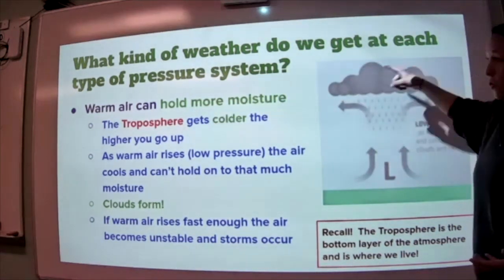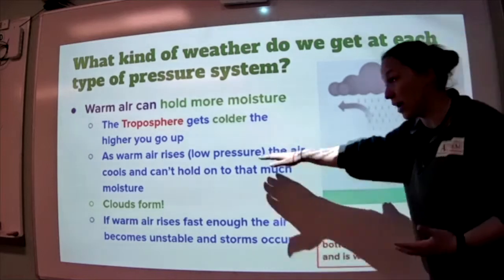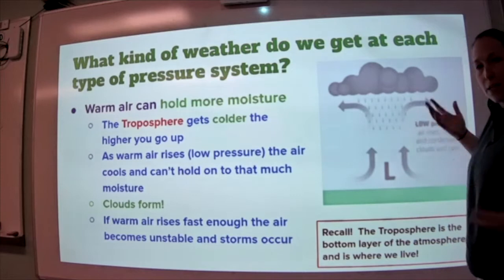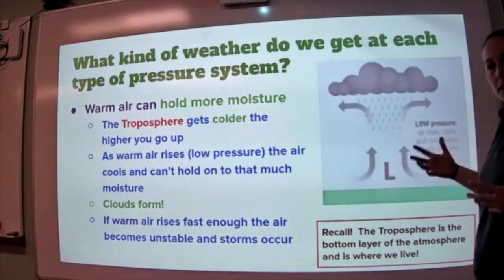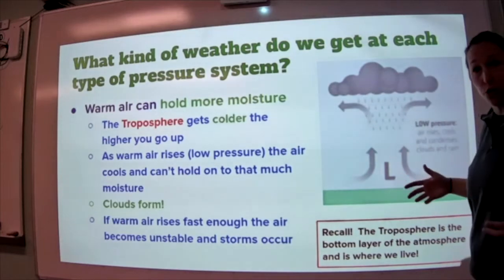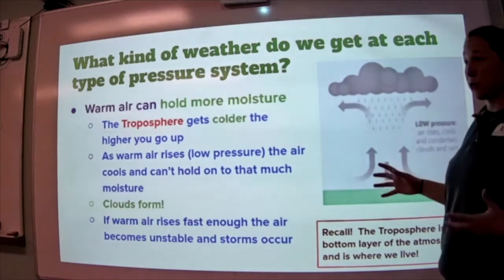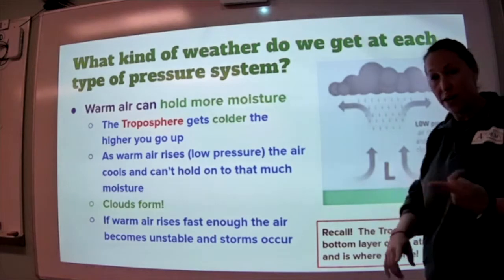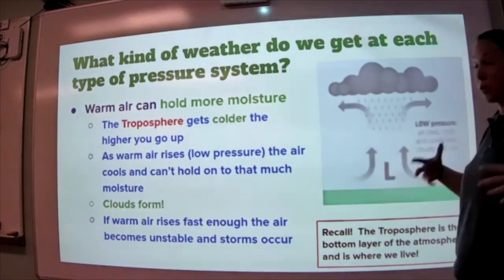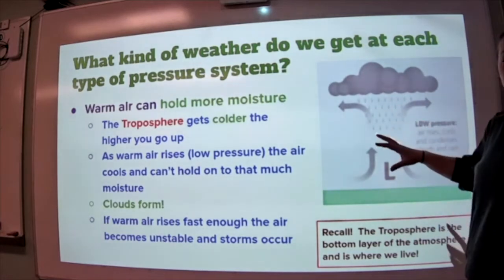So these low pressure areas, even though it's warmer air at the surface, as it rises, if it rises fast enough, it creates very unstable air that's going to form massive clouds, and that's where we get our storms. So low pressure systems are actually where we see rain, storms, thunder, hail, all sorts of things happen at these low pressure systems.